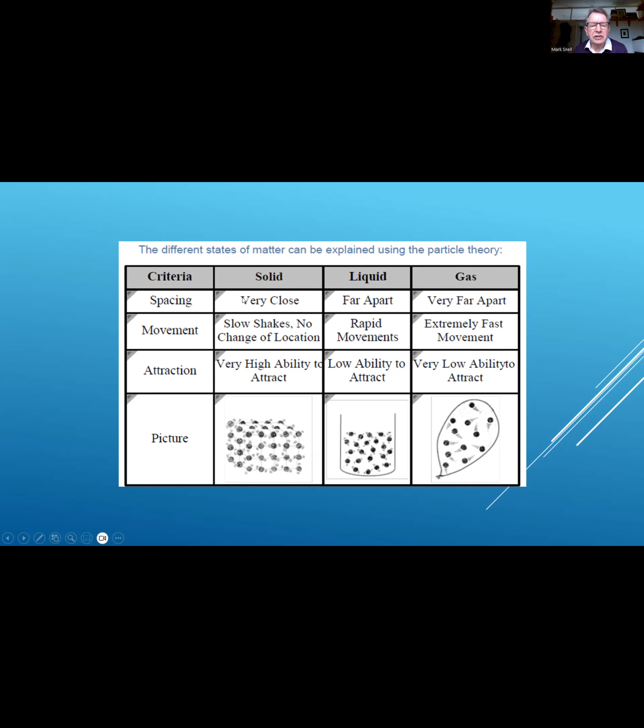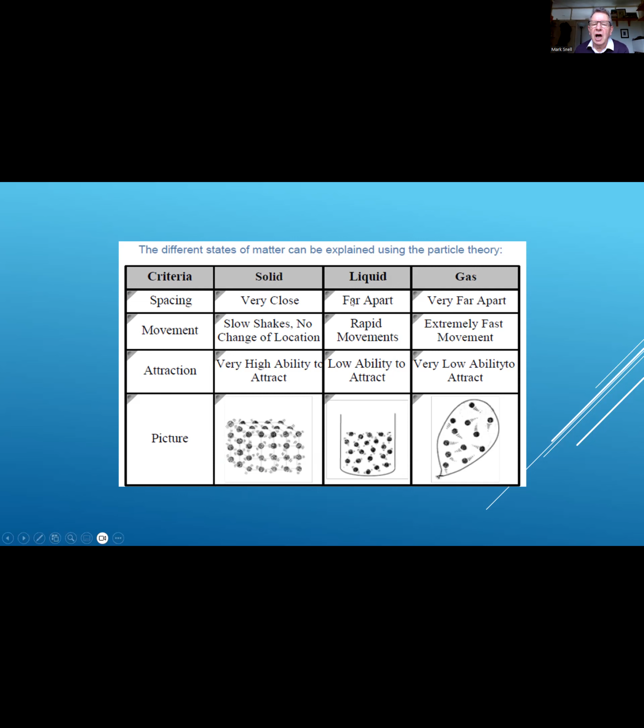So in the solid, they are very close. Oh, and this is a mistake. In a liquid here, it says far apart. This came from a KNEC, the National Examinations Council textbook. This here, far apart, is wrong.